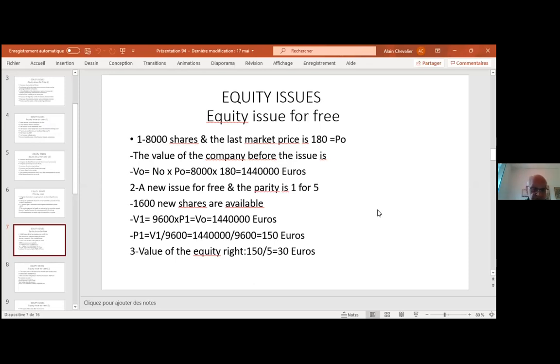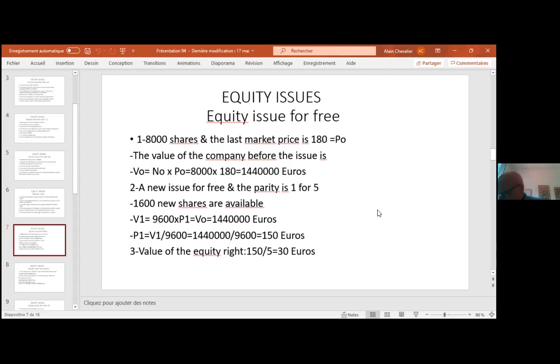You can buy new shares, of course, at 150 euros per share. But you can also buy equity rights. If you buy a multiple of 5 equity rights, you can go to a bank and ask for new shares. For example, if you buy 20 equity rights on the market at the price of 30 euros, you can go to a bank, bring your 20 equity rights and ask for 4 shares.